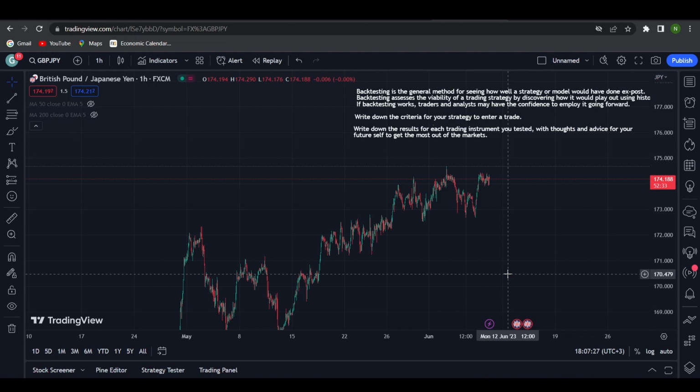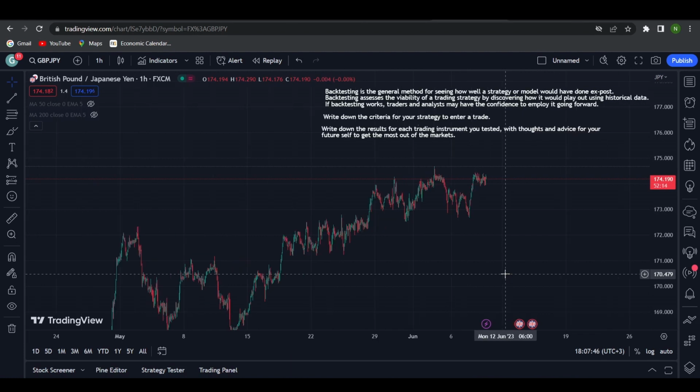Every pair that you're going to be trading will have different results and different movements, because each pair or each trading instrument has its own patterns. They will give you different results. So usually you will need to write down your thoughts or tips for your future self to look at. Let's say I have the British pound with the Japanese yen on, and this is a chart that I usually trade.